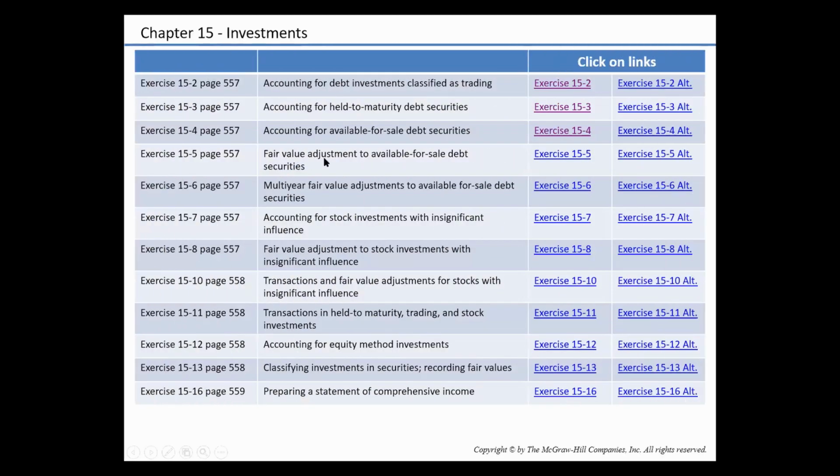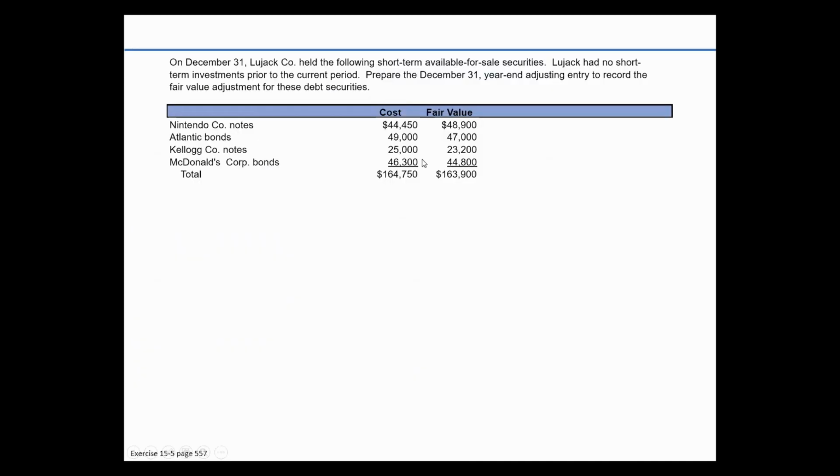We'll do a fair value adjustment for available for sale debt securities. On December 31st, Lujack Company held the following short-term available for sale securities. Lujack had no short-term investments prior to the current period. So we'll prepare the December 31st year-end adjusting entry to record the fair value market adjustment of the securities.